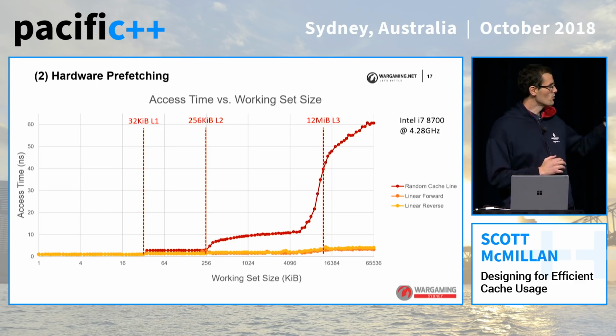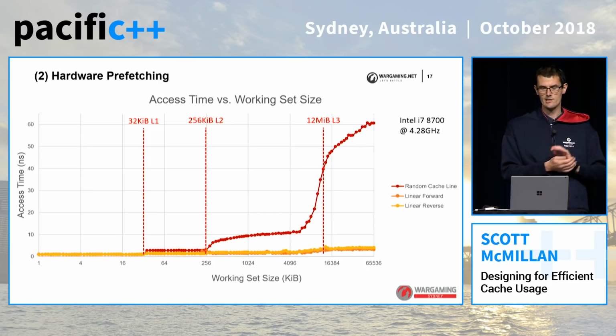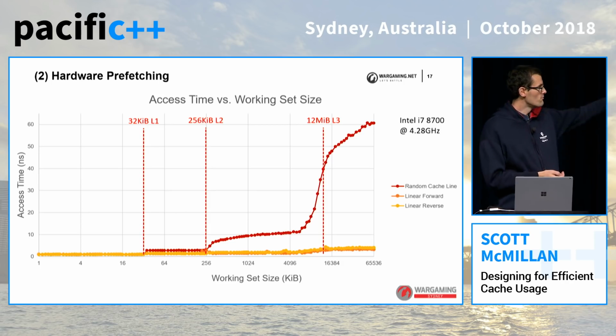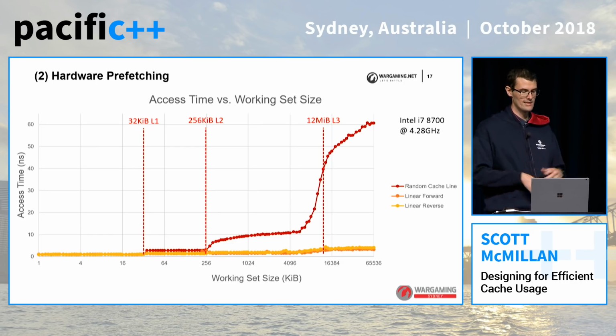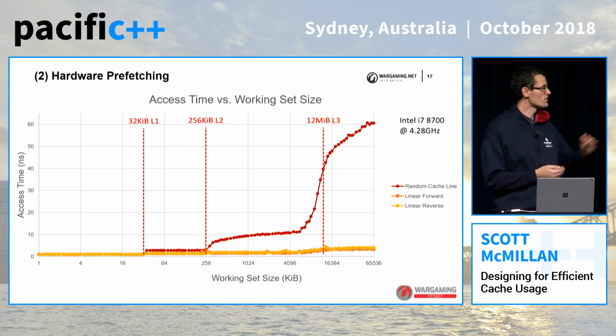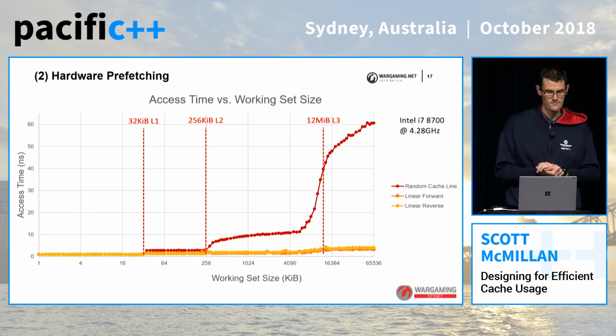The output on the slide was generated by a program I wrote that generates circular linked lists where each node is on a different cache line. For the red top line there, the linked list had a random ordering, and for the bottom 2 lines, we had a linear contiguous ordering. And you can see the dramatic impact that hardware prefetching has for the predictable access pattern.